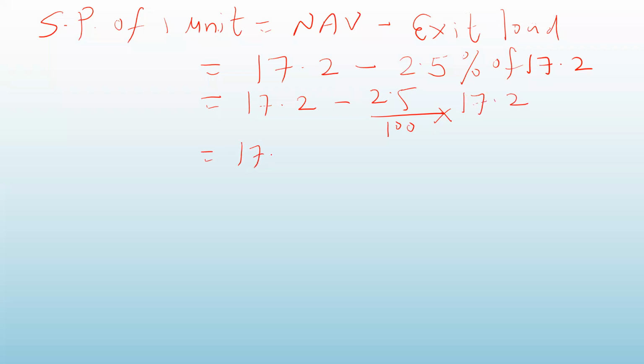So find out 2.5% of 17.2. How much will it be? 2.5 into 17.2 divided by 100. It is 0.4. When you subtract it from 17.2, you get 16.77.